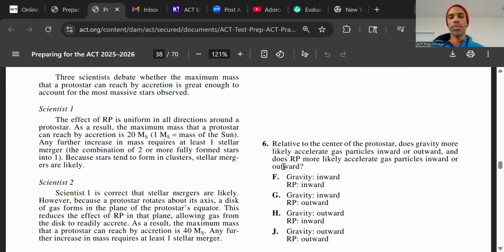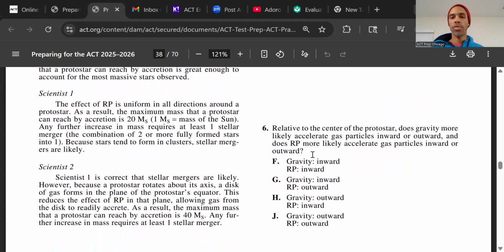Number 6: relative to the center of the protostar, does gravity more likely move gas particles inward or outward, and thus RP more likely move gas particles in which direction? Gravity attracts, as we read, so gravity would be inward and RP would be outward.